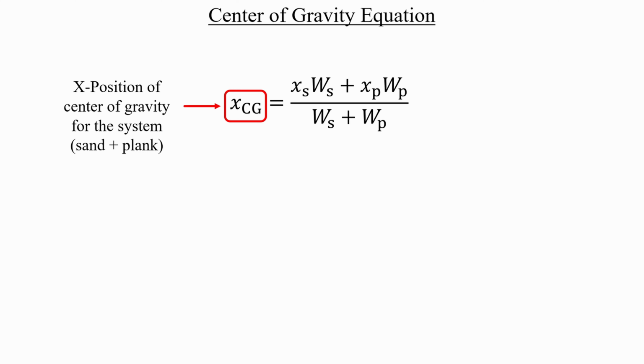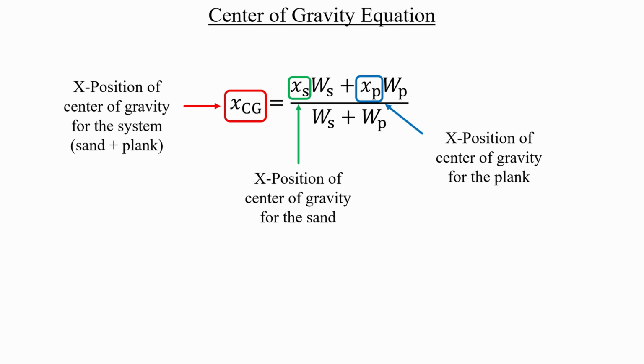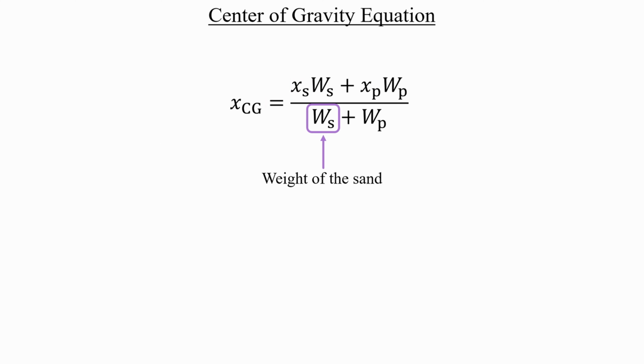On the right-hand side, we follow the same type of labeling convention where x_s represents the x position of the center of gravity of the sand, and x_p represents the x position of the center of gravity for the plank. Last but not least is the W variable, representing the weight of each object, with W_s for the weight of the sand and W_p for the weight of the plank.